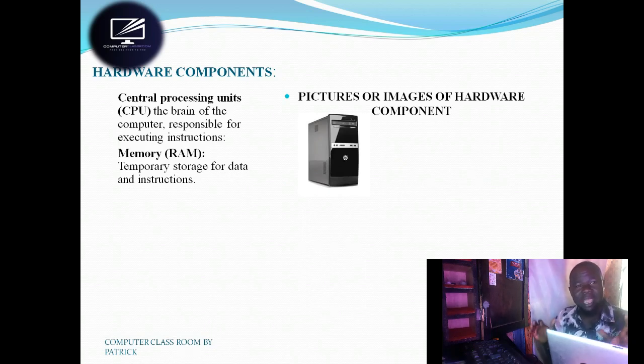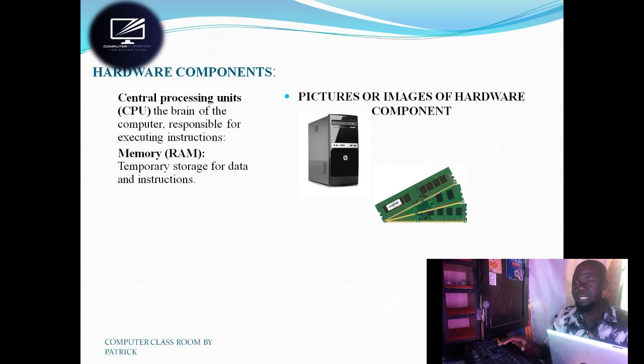What is a RAM? RAM in full is random access memory. What does it do? Its work is to temporarily store data, temporary storage for data and instructions. It stores data temporarily.